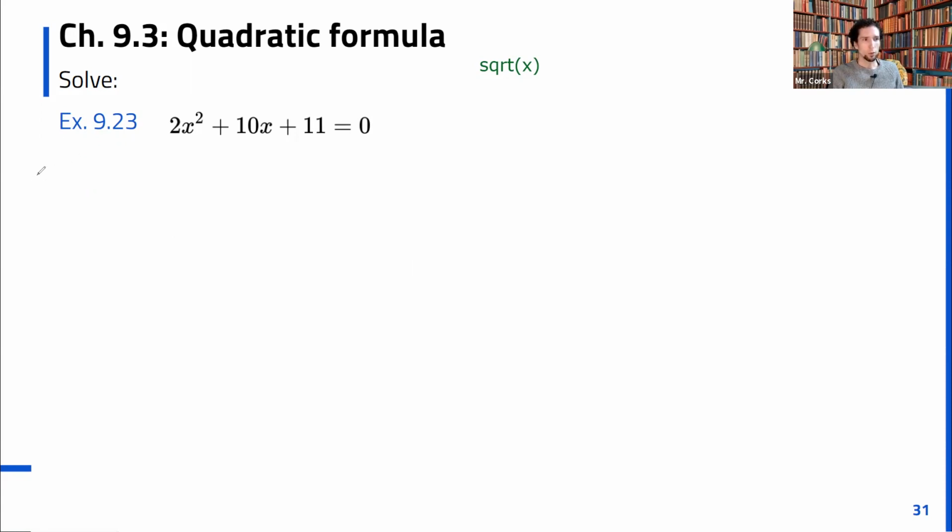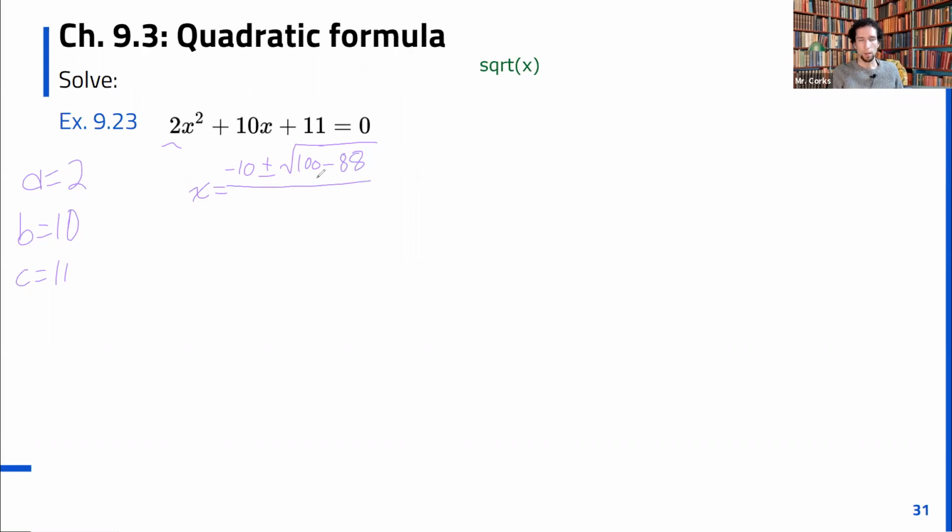All right. So just run through these. A is 2, B is 10, and C is 11. So formula: x is equal to -10 plus minus square root of 10 squared, 100, minus 4 times 2 times 11. 4 times 2 is 8, and then times 11, 88.